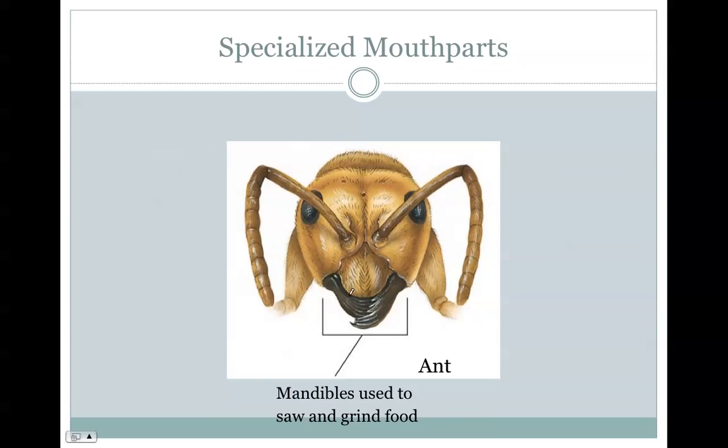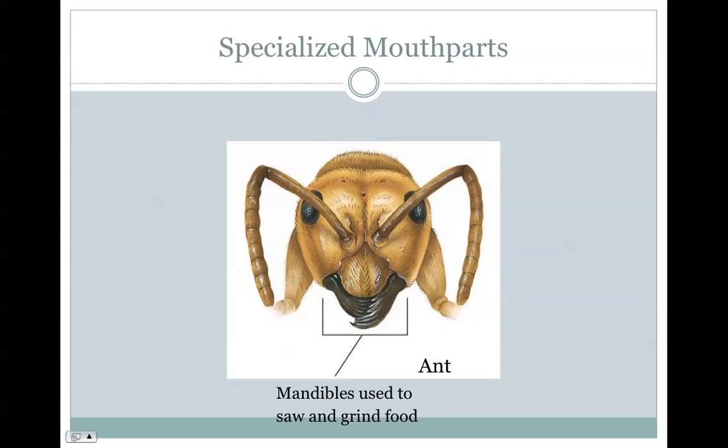So for an ant, they have mandibles, and this is a very important, useful tool for ants. They can bite you, and depending on the species, they will bite you. If you go to Costa Rica, there's some ant called the bullet ant. It's quite large, and it can bite and sting, and it hurts.